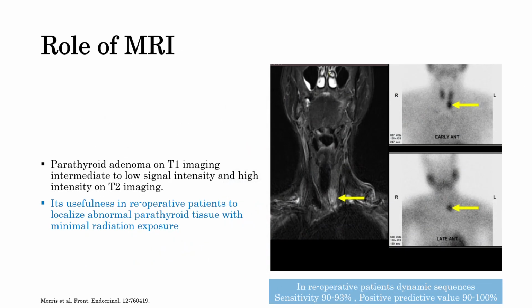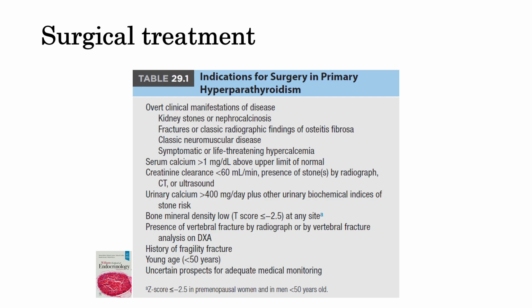The next modality of imaging is MRI, where the parathyroid adenoma on T1 imaging is low or intermediate signal, and it is high signal intensity in the T2 image, like in this patient, compared to the sestamibi here. It is useful in preoperative patients to localize the abnormal parathyroid tissue with minimal radiation exposure. Its positive predictive value is between 90% and 100%. With dynamic sequences, sensitivity is between 90 and 93%.